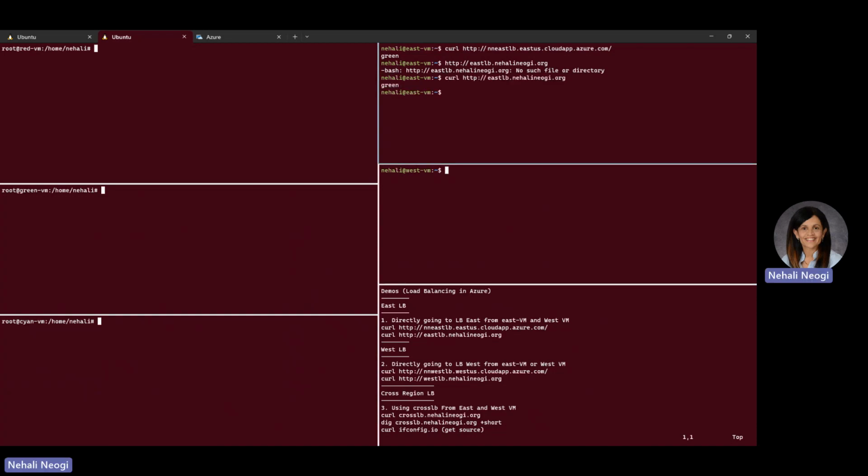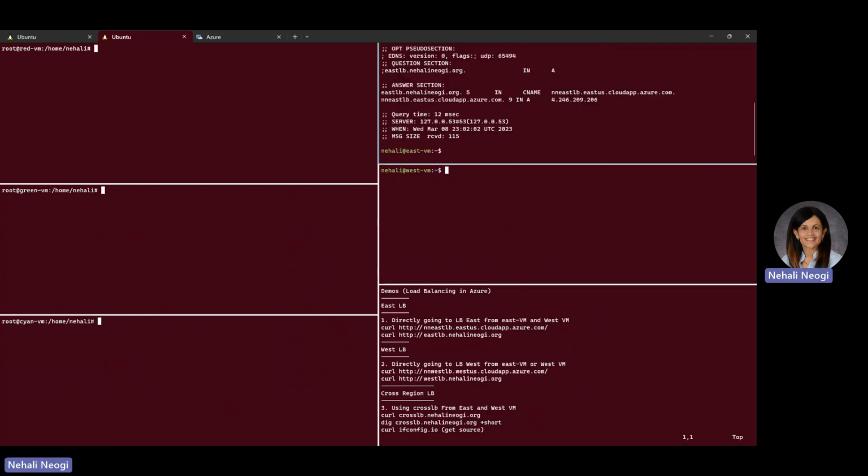And we got green again. And if you want to look at how the custom domain is set up, we can also check that out. So you can see that it is a CNAME to the East LB.